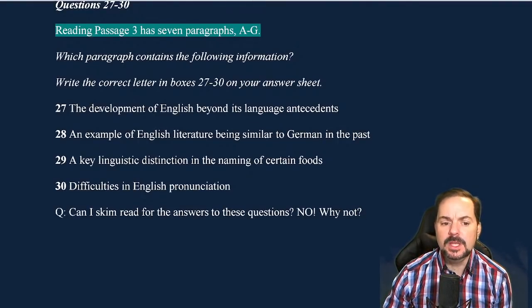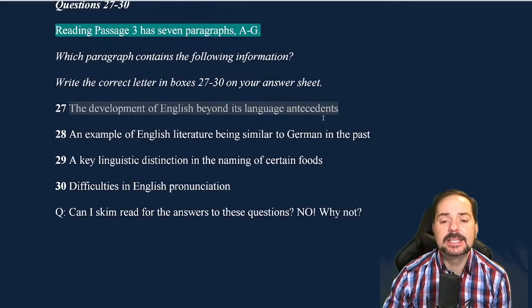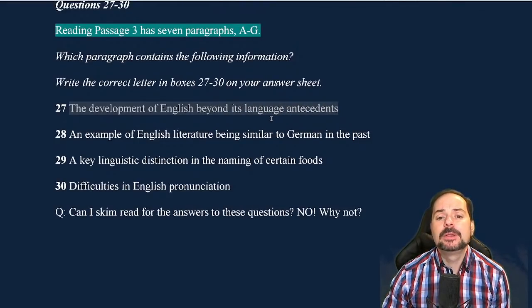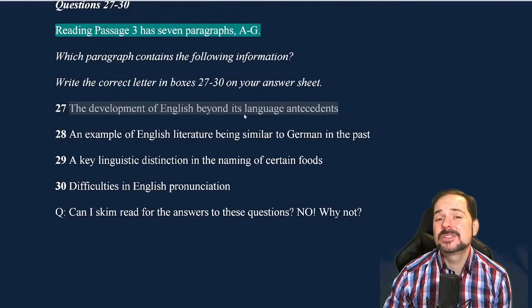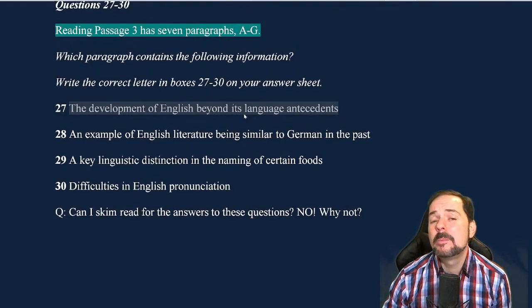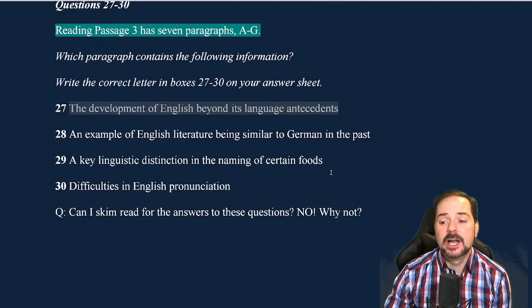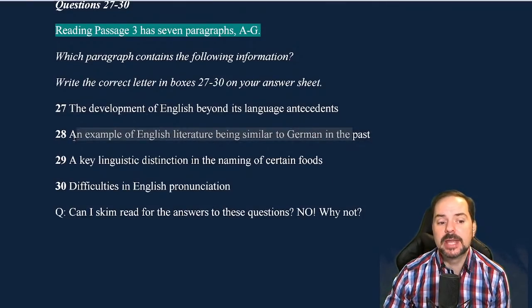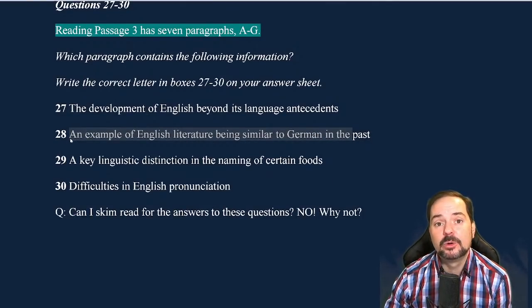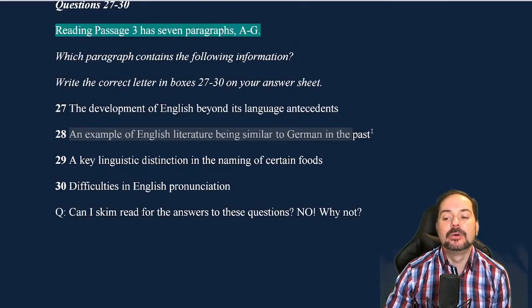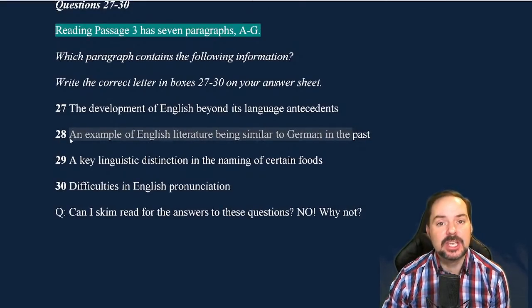So yeah, let's say, for example, that the development of English beyond its language antecedents is in paragraph F. That means you just had to skim read basically the whole passage to maybe figure out that the answer here is paragraph F. That will take a really long time, especially imagine if this one is G. So now you have to skim read the whole passage again to figure out that the answer to this one is G. That would be horribly frustrating, okay?